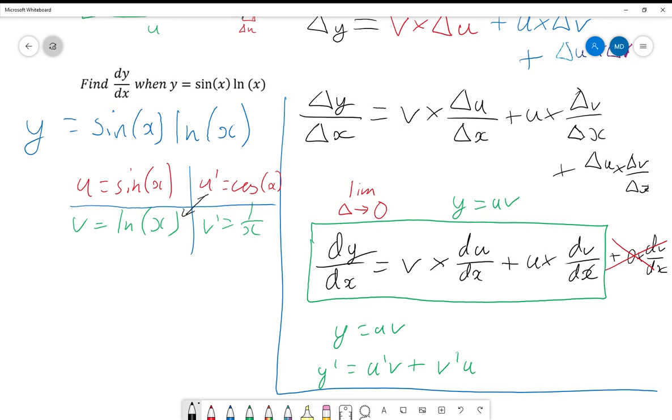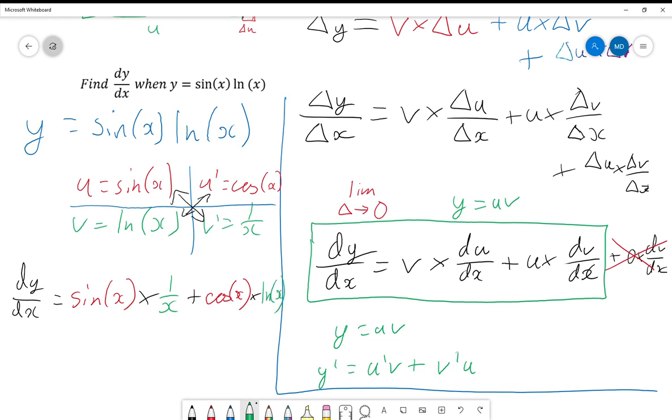So we multiply there and we multiply there, and we're going to get that dy by dx is equal to sine x multiplied by 1 over x plus cosine of x multiplied by ln of x, natural log of x.